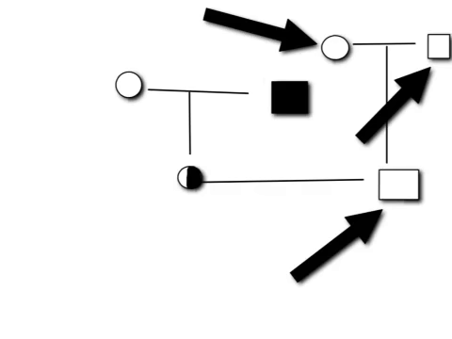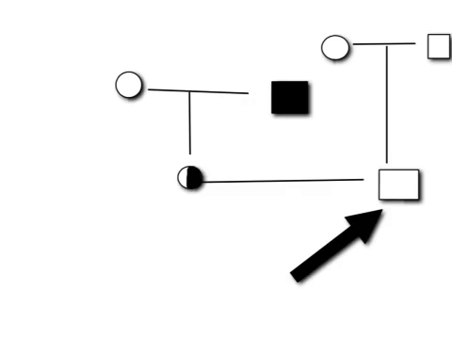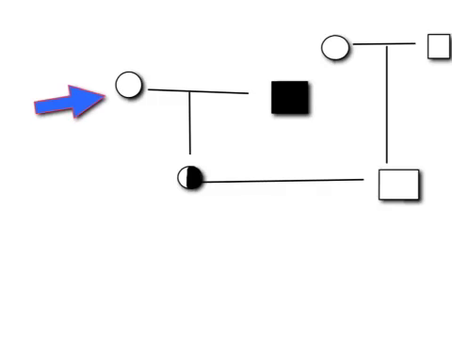A brown-eyed woman marries a blue-eyed man. In order to be blue-eyed, you need homozygous recessive.